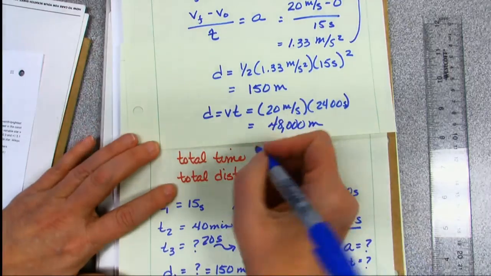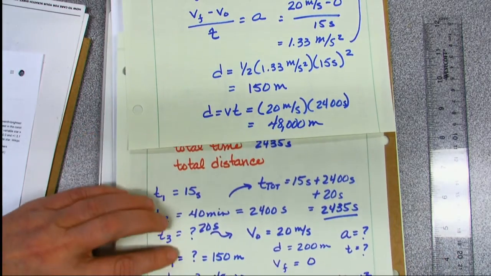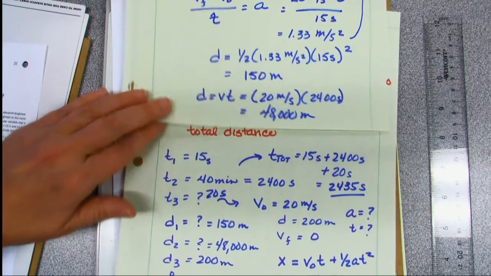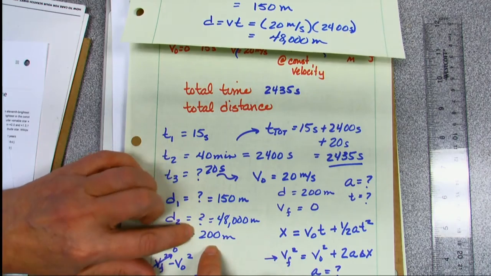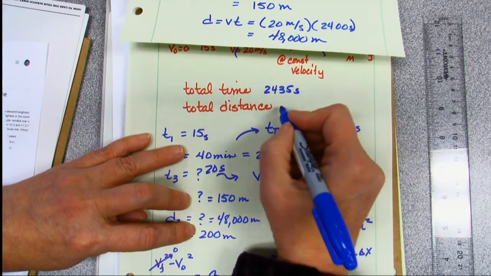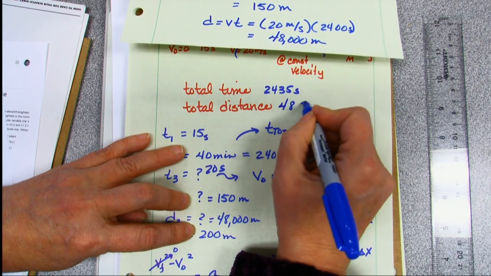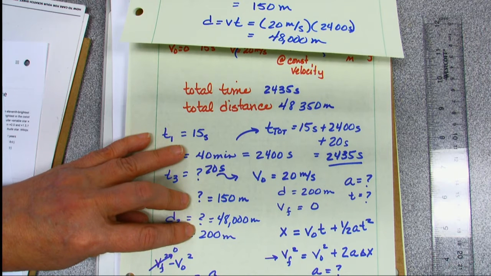So my total time was 2,435 seconds. I've got 48,200 meters, so my total distance is 48,350 meters. Now I can calculate an average velocity.